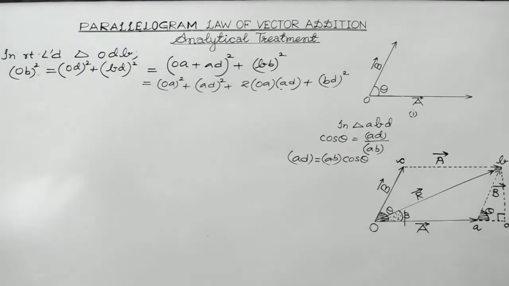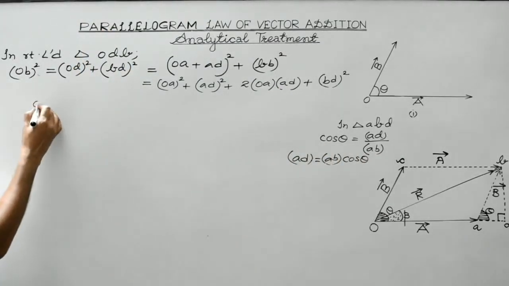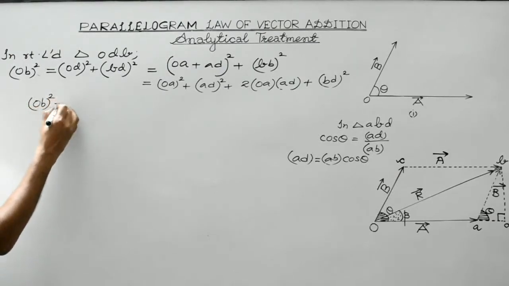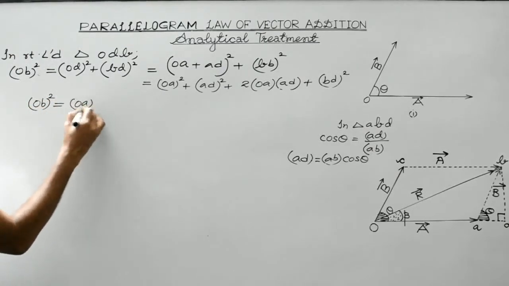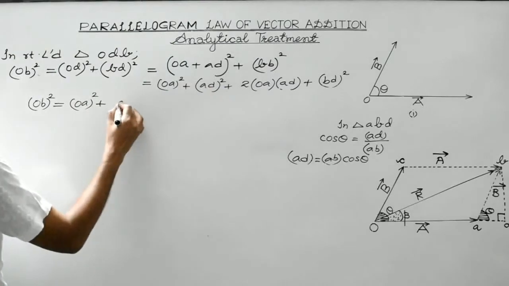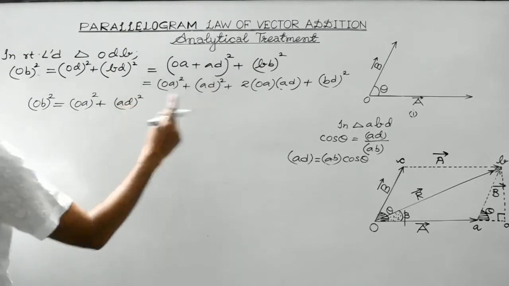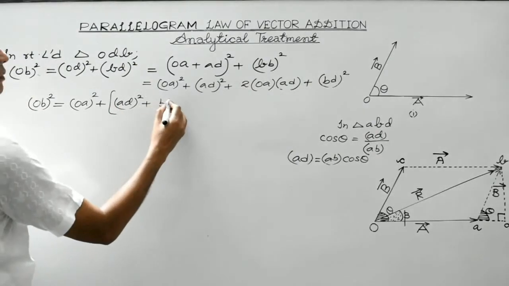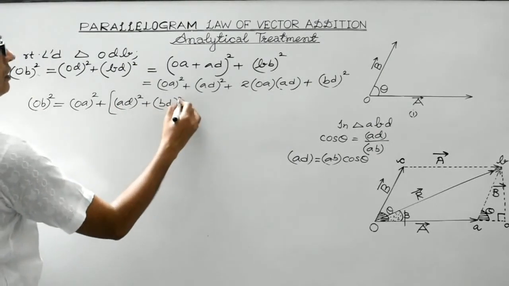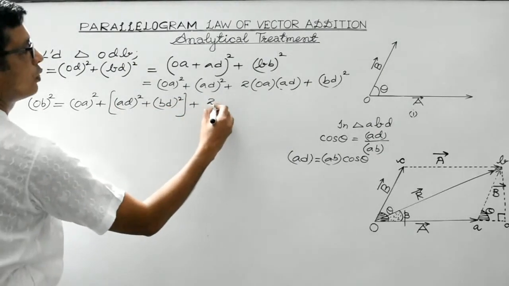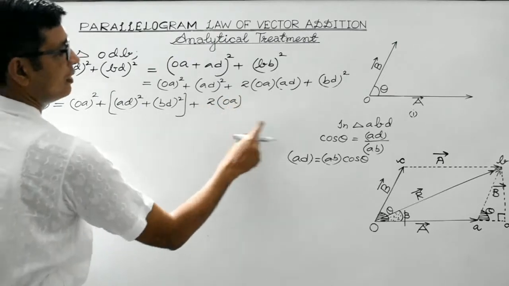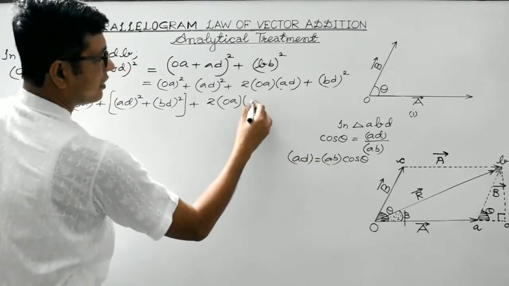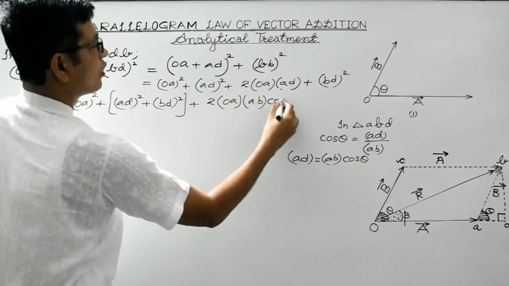Now let's rearrange the terms. OB square would be equal to OA square plus AD square, let us take these two terms, plus BD square, plus twice OA, and in place of AD we can write AB cos theta.